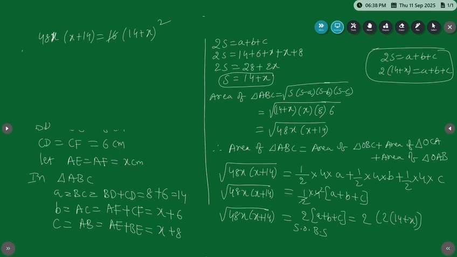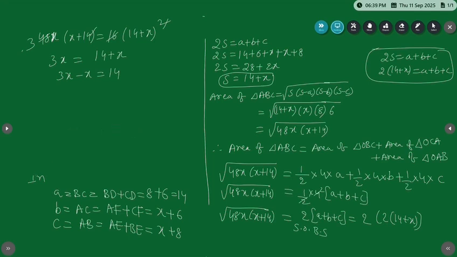Both sides are in the 16 table: 16 times 3 is 48. The common factor 14 plus X cancels. On the LHS we get 3X equal to, on the RHS, 14 plus X. X shifted to the LHS, I write 3X minus X equal to 14.